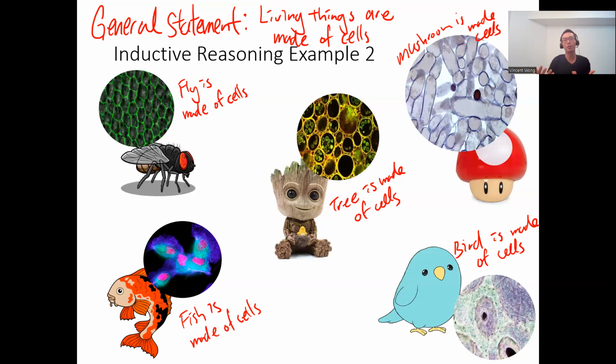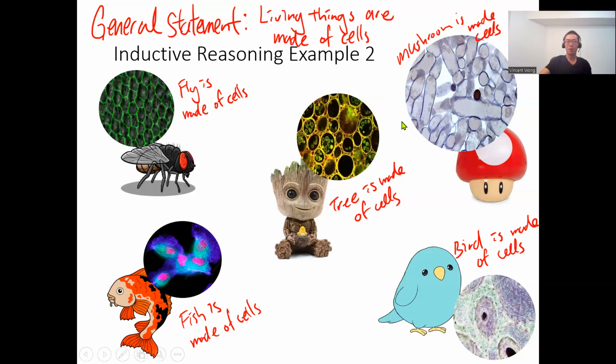So in training the computer using inductive reasoning, they're hoping one day you'll be able to use these powerful AIs to make more accurate diagnoses, even better than humans in some cases. So that's inductive reasoning.